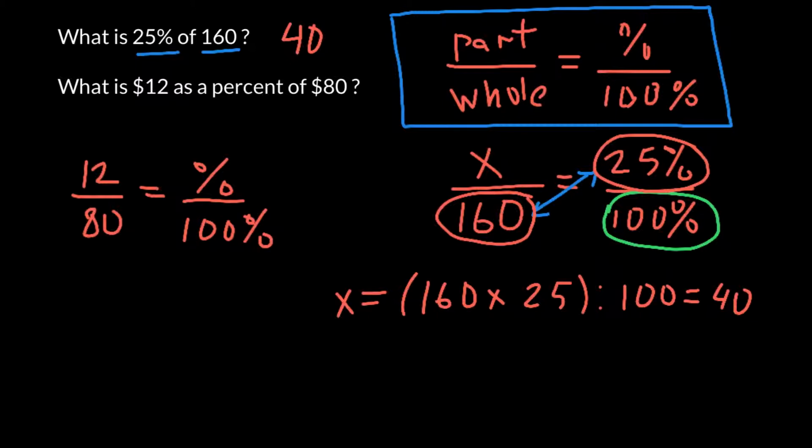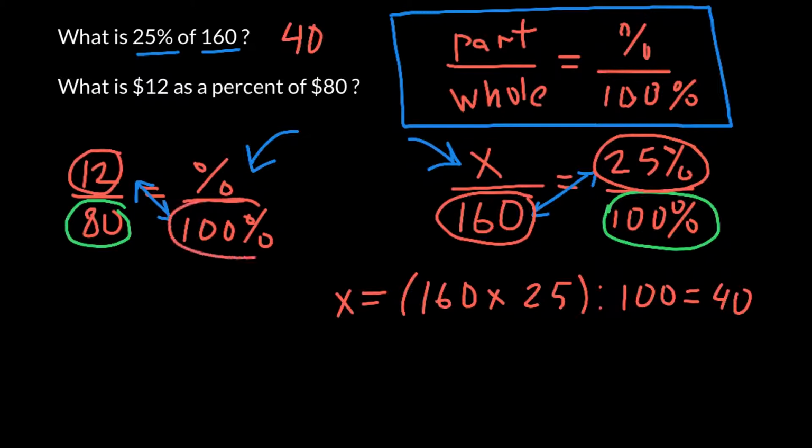If in our first example we had the unknown here, which was a part, this time our unknown is here, which is percent. So again, let's find 4 corners and cross multiply known corners, which means we have to cross multiply these 2 numbers, and then we have to divide by the third known number.